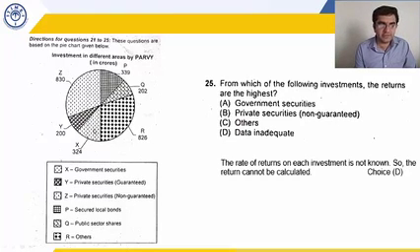You are not given the rate of returns on any of the investments. You are not given the returns. You don't know on X how much return one got, on Z how much, and on R how much. So you can't calculate the rate of return. Cannot be calculated, and so data is inadequate. So with this, we finish your handout.